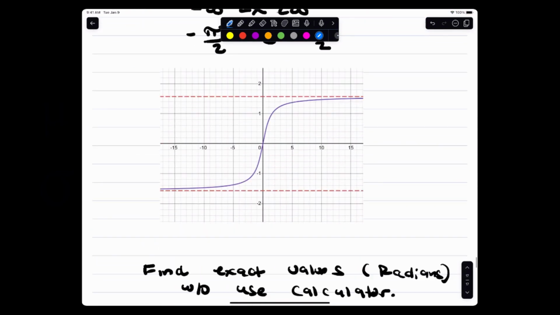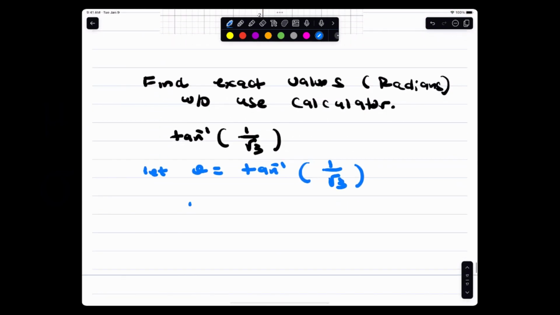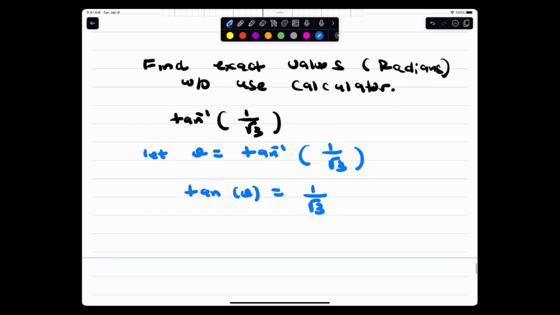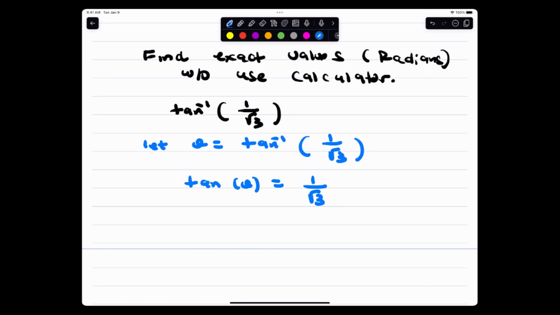And so using the definition now means tangent of theta will be that 1 over the square root of 3. So just like before, what do you guys want to think about? You want to go back to asking yourself the question, what is the special triangle? You only have 2.